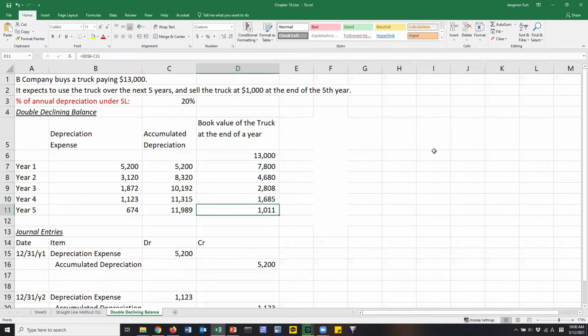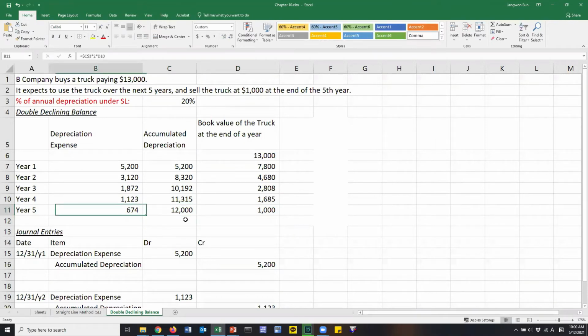Then how do you adjust? We want this ending book value to be, again, $1,000, right? And we want the accumulated depreciation at the end of the useful life to be $12,000. Then, to make it done, how much should we depreciate in the 5th year?